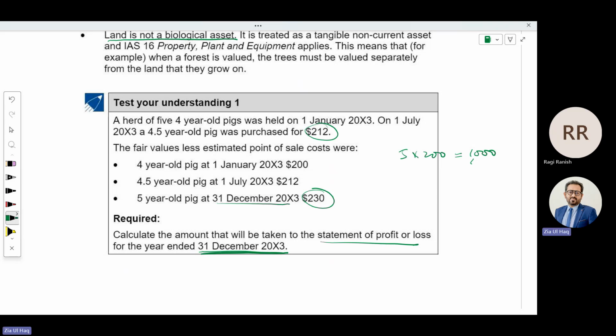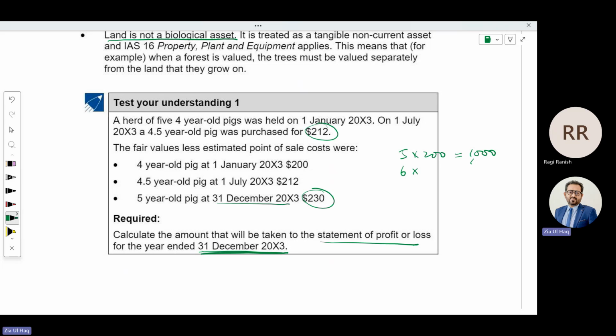Now at 31st December 20x3, you are having 6 pigs. And they all are 5-year-old now. The one you bought during the year, his life was 4.5. After passing 6 months, it's 5-year-old.